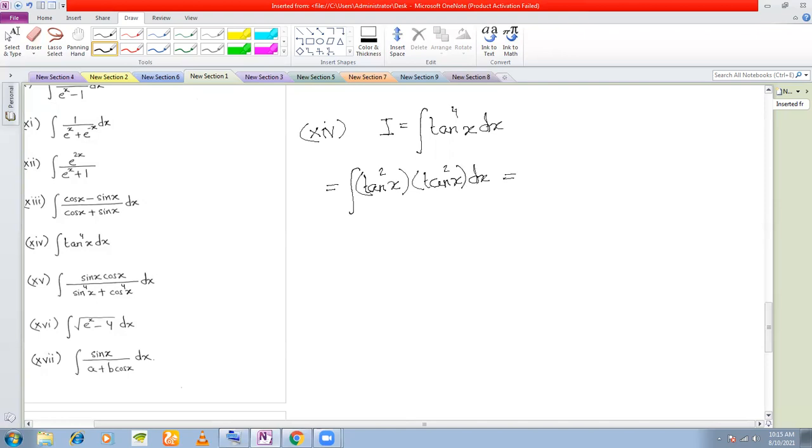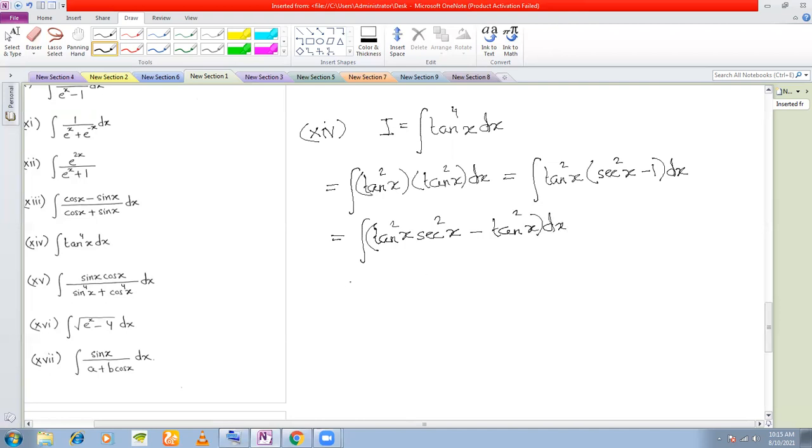Now in this, for the second tan square x, you write tan square x as sec square x minus 1 dx. And if you multiply throughout, tan square x sec square x minus tan square x dx.